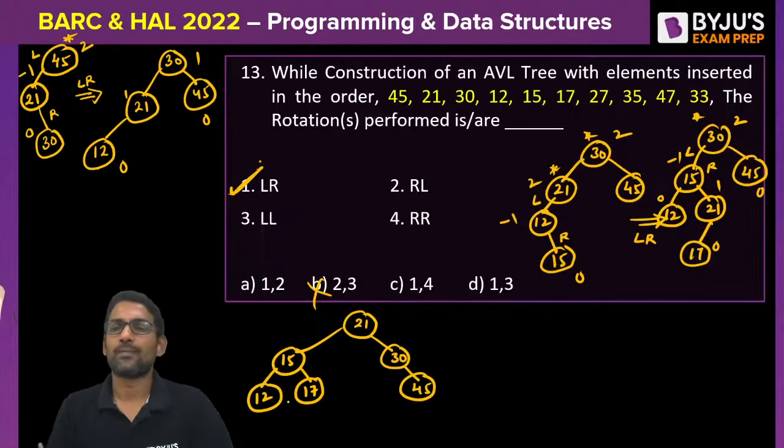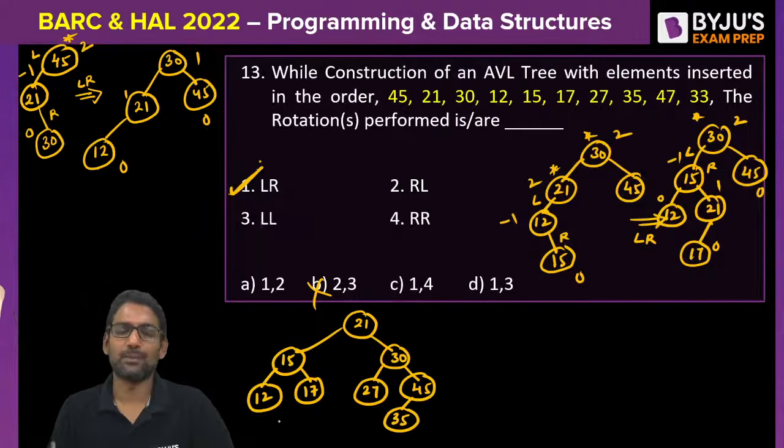Now 27 we will insert, left to 30, so it is still balanced. 35, where you insert, left to 45.